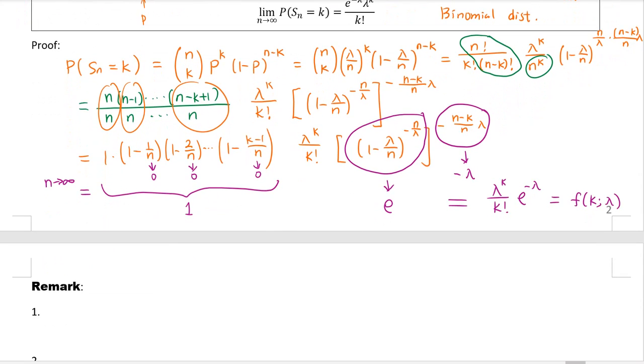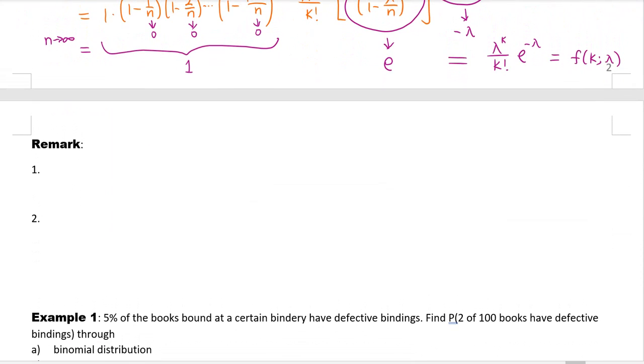Okay, so a couple of remarks. So first remark, what is the mean of the binomial distribution? Well, this is n times p, but p in this case is lambda over n. And then you can see n cancels, we just get lambda. Wow, this matches the mean of our Poisson distribution.